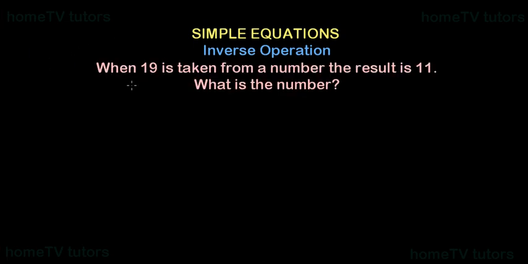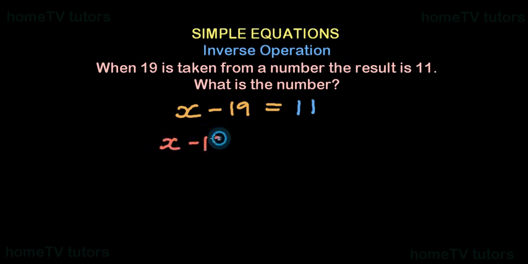When 19 is taken from a number, the result is 11. What is the number? Let x represent the unknown number. So when 19 is taken from the number, x minus 19, we were told that the result is what? 11. Now we solve the equation.